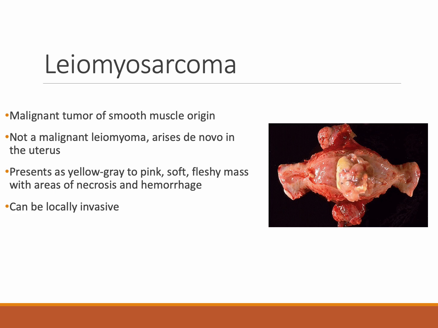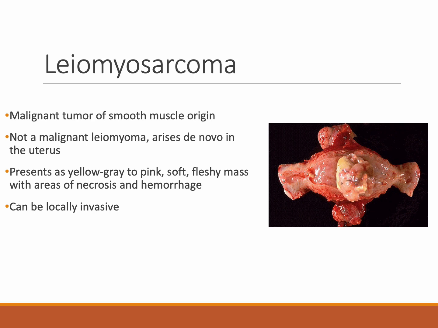So the leiomyosarcomas, or the malignant version of those tumors, actually occur de novo, which means they basically just arise as their own tumor. There are no precursors like we see with some cancers. So if someone has a leiomyosarcoma, there was no previous leiomyoma that evolved into it.